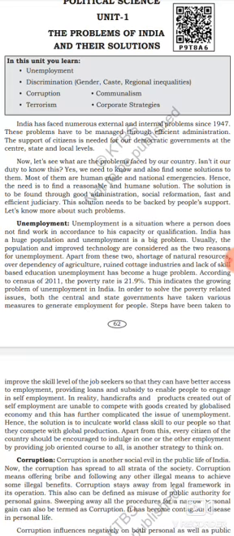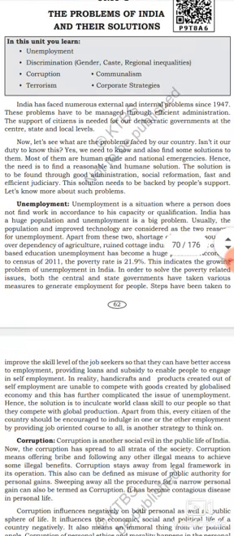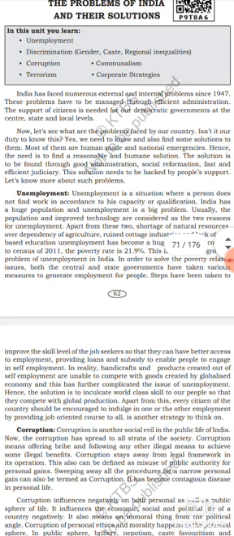What are the main reasons for unemployment? First one, huge population and improved technology. Along with this, lack of natural resources, over dependency on agriculture, ruined cottage industries, and lack of skill-based education are the main reasons for unemployment in India.